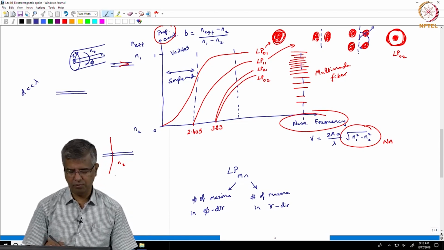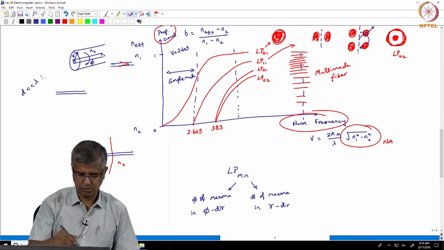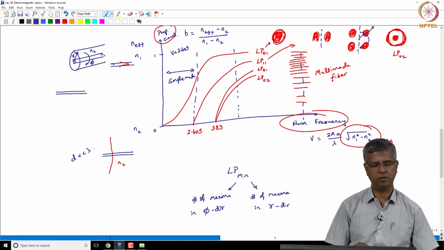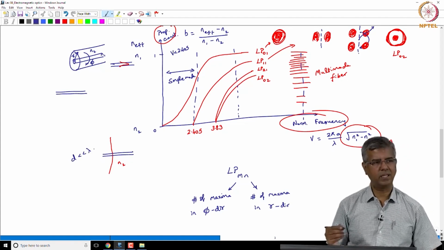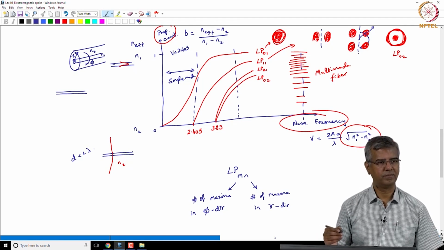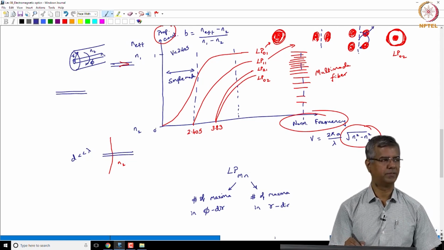We have a fairly large evanescent field. So, this is probably what will happen when d is far less than lambda. What does that correspond to in terms of V number? V number will be a very low value. So, we are somewhere over here.